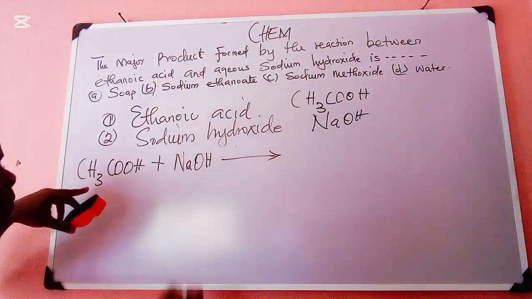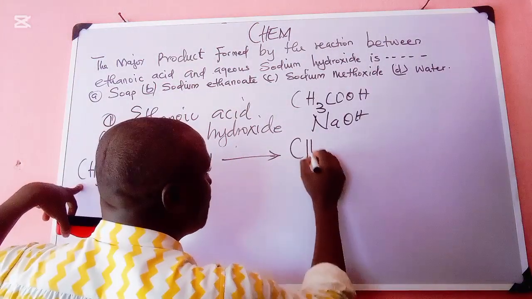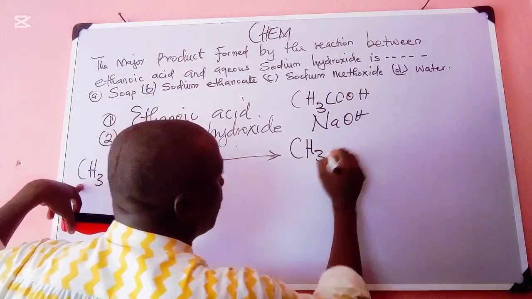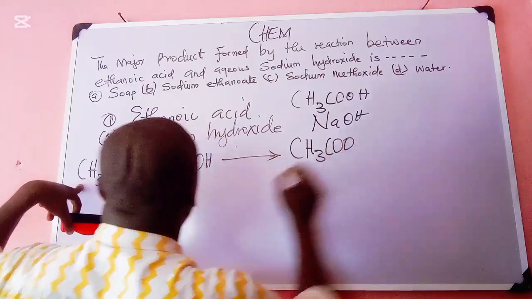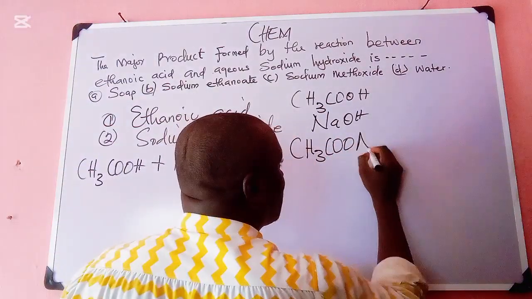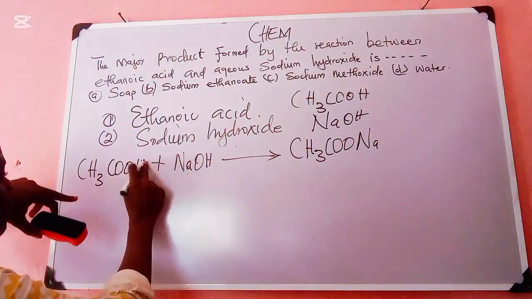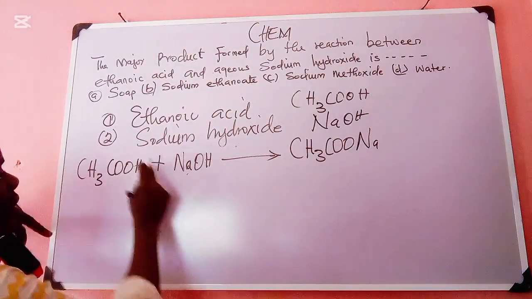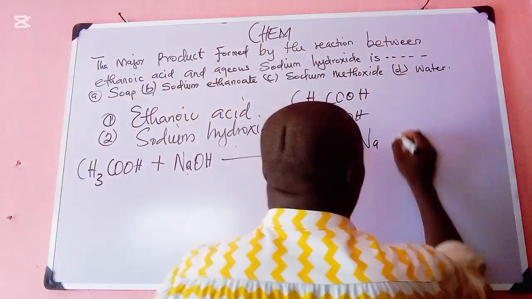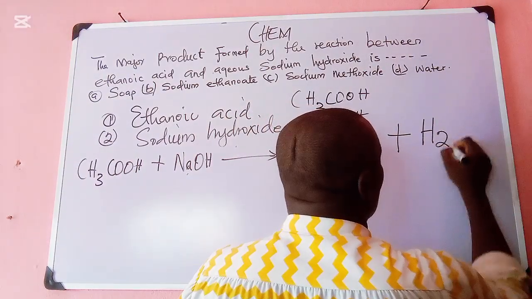From this part we now have CH3COO. The sodium that is positive here will move to this place. Then we have hydrogen here. This hydrogen will move to the hydroxide, and we now have H2O.